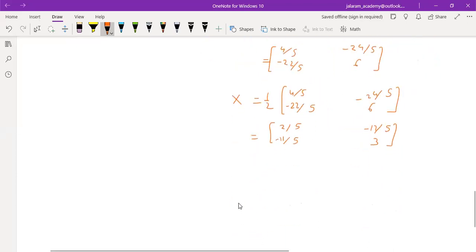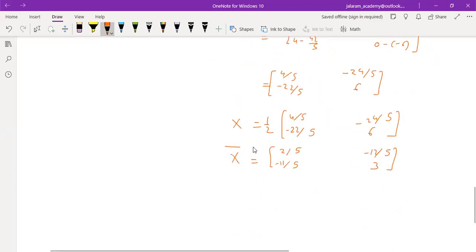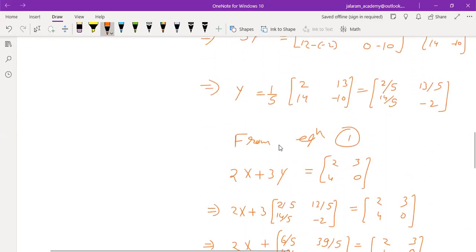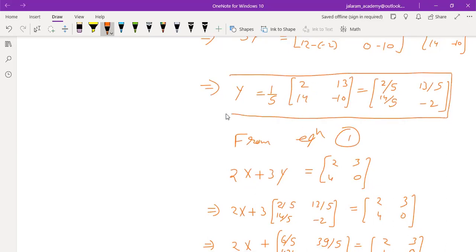So x equals to 2 by 5, minus 12 by 5, minus 11 by 5, 3. And y equals to 2 by 5, 13 by 5, 14 by 5, minus 2 are the two answers.